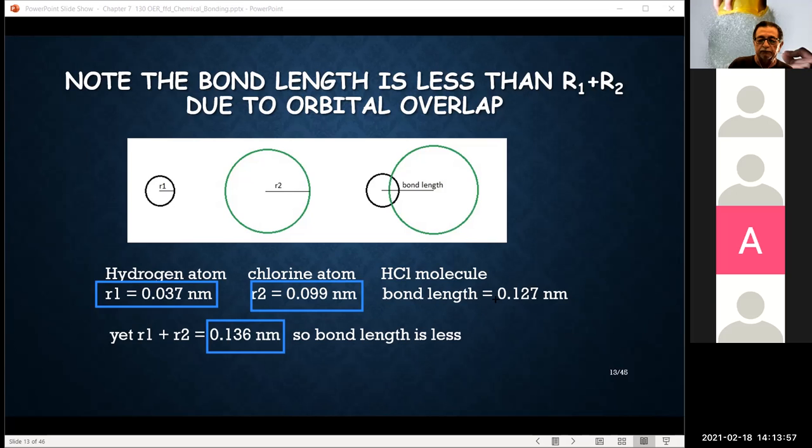The bond length between the HCl is literally smaller than the sum of the two. It's 0.127 versus 0.136. And that is because there is overlap in here, and that is where they are sharing those electrons. So they don't come up against each other like the ionic compound, but there's overlap.